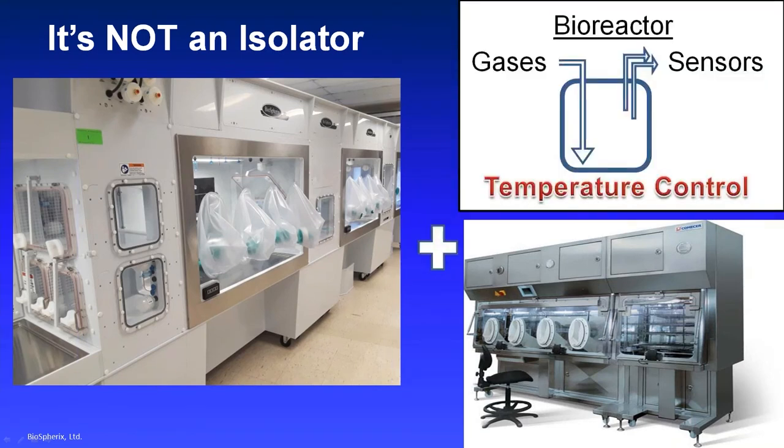It acts more like a bioreactor in that it has all the right gases in place, it has all the right sensors in place, you can have temperature control constantly. So really the Xvivo system is more like the love child of an isolator and a bioreactor, in that you have all the right conditions and it's all isolated from the variability of room air.